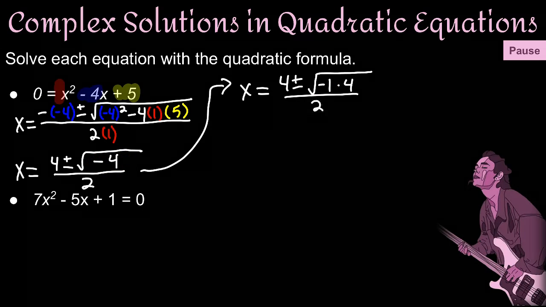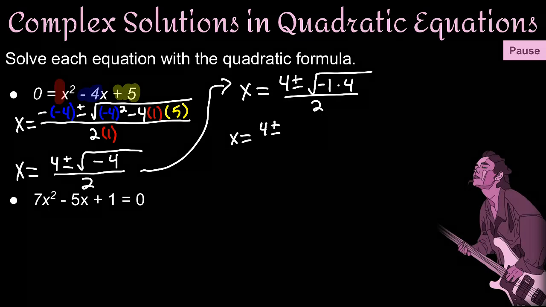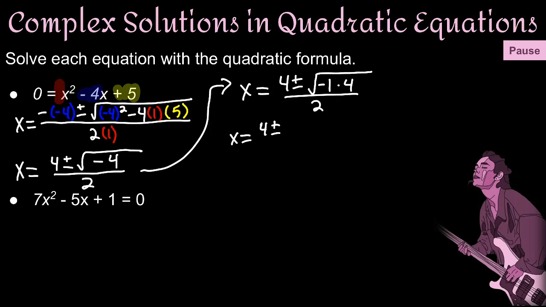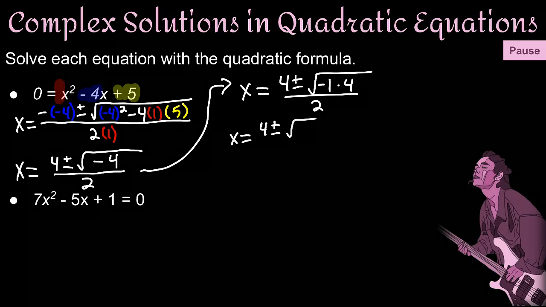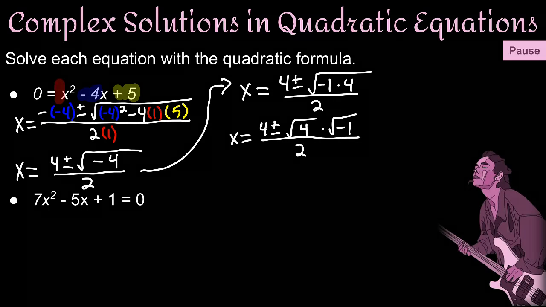And that's all over 2. And now I'm going to break the square root into 2 pieces. Square root 4, yes, I'm doing it in a different order, times square root negative 1 over 2.